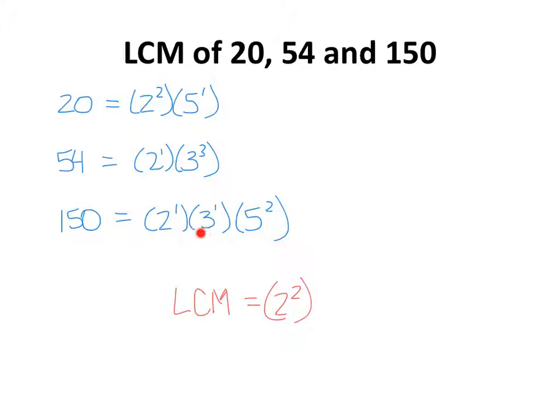We have powers of 3 included. Our largest power of 3 is a 3 cubed, and we have some powers of 5 included, the largest power of 5 being a 5 squared. And so our least common multiple here in expanded form will be 2,700.